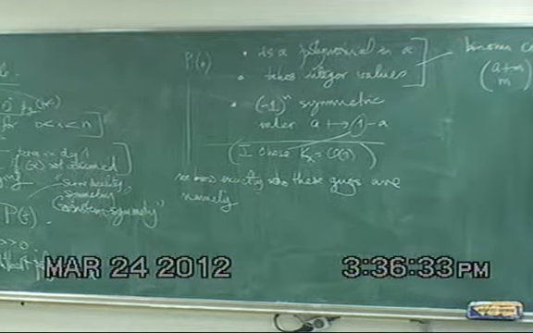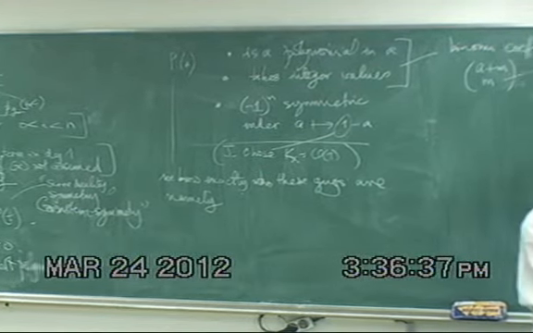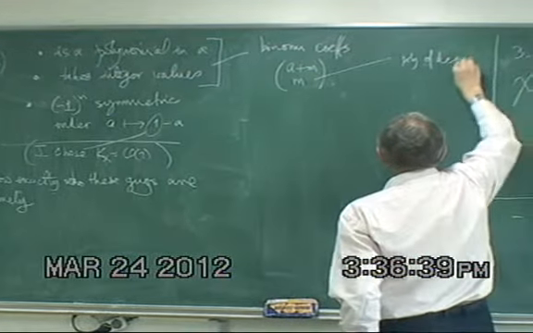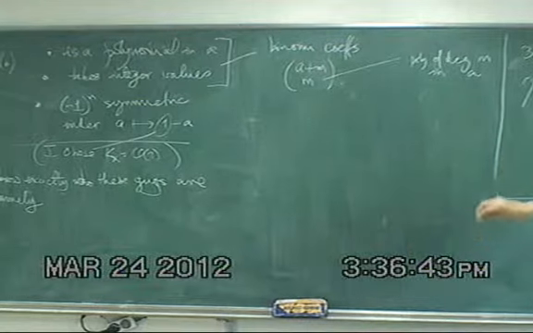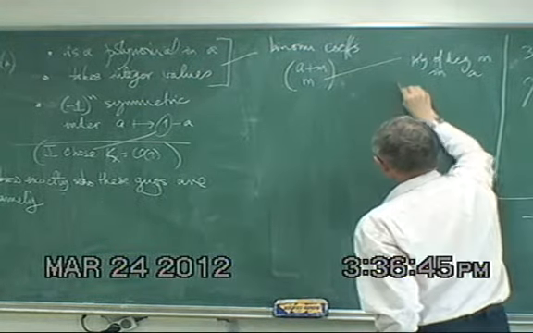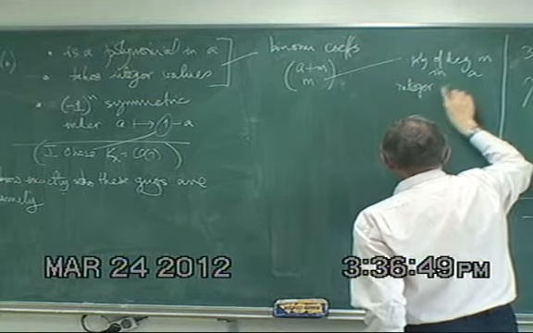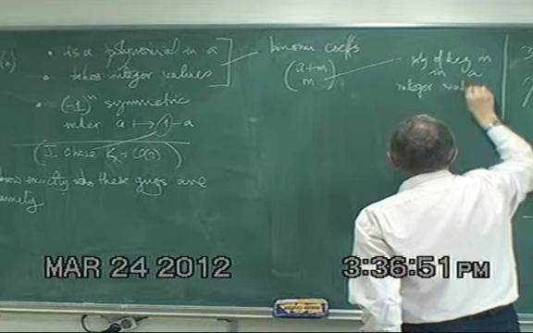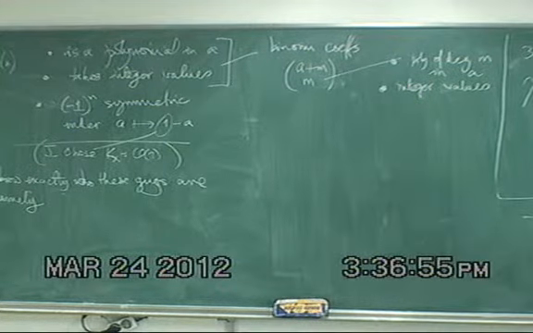Right? So this is a polynomial of degree m in A, and it takes integer values.